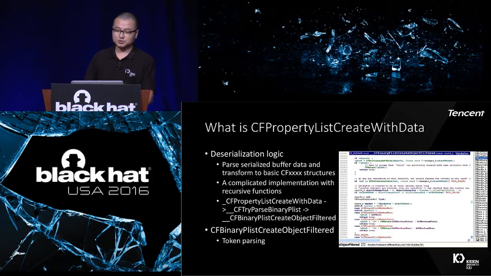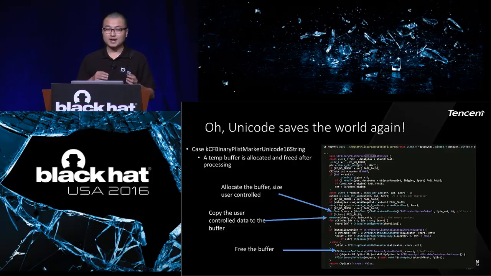And then we tried to audit this function, and finally we found if we pass the Unicode string, then we will have this kind of operation. Like in this line, it tries to allocate memory with the bytes that you can control, and then it copies the content of the Unicode string into that buffer, and then frees it.